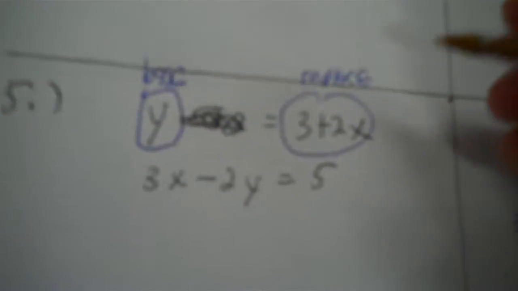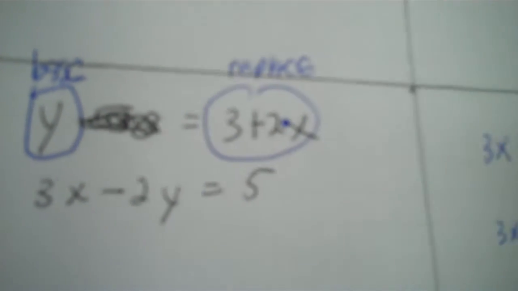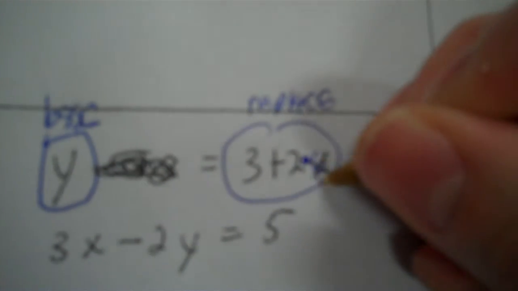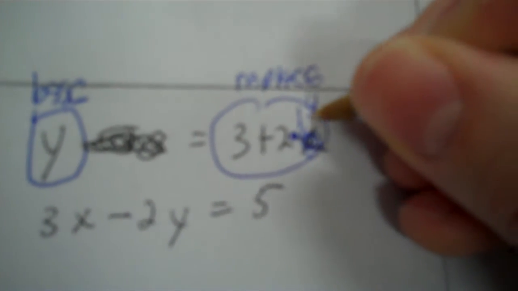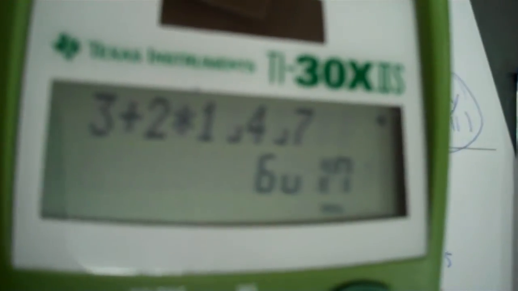Now to find the y, okay, you go into the replace, you put a times sign. You didn't have to put the times sign here, but 1 4/7. And then y equals 3 plus 2 times 1 4/7. I got 6 1/7.